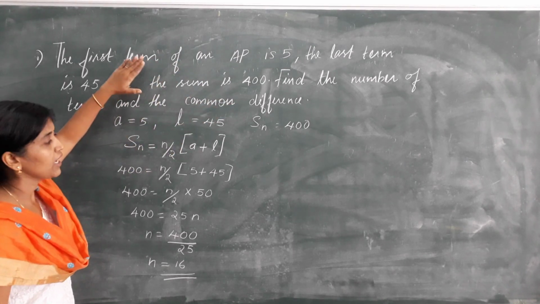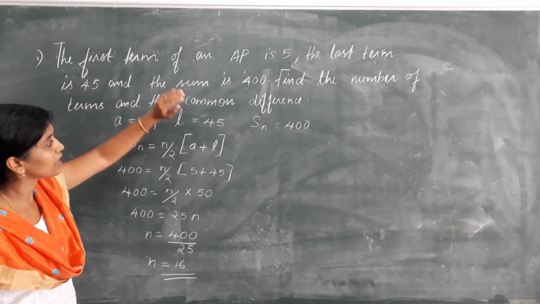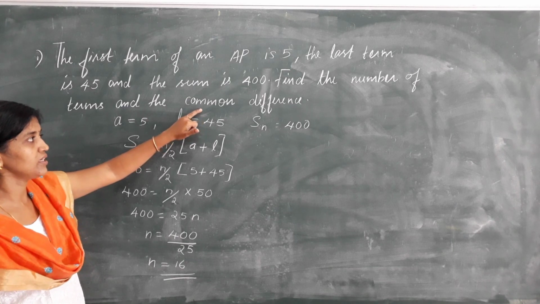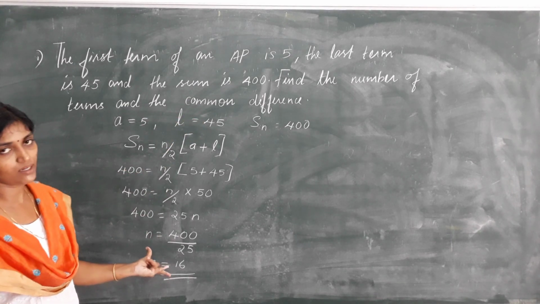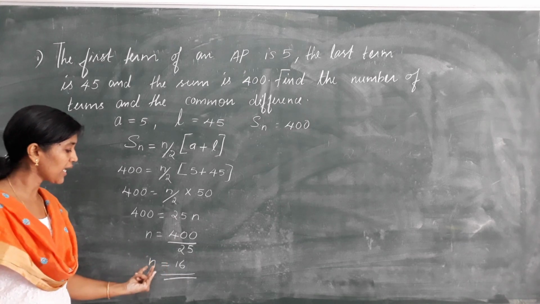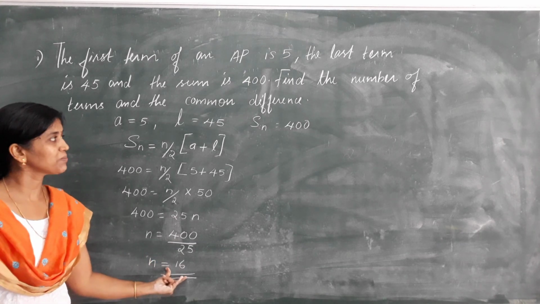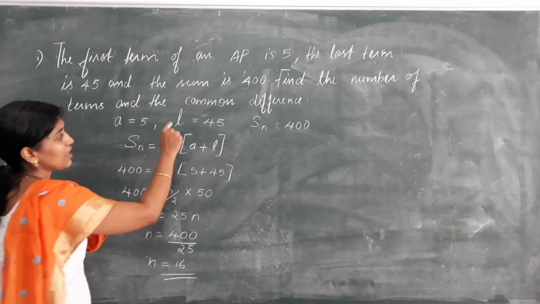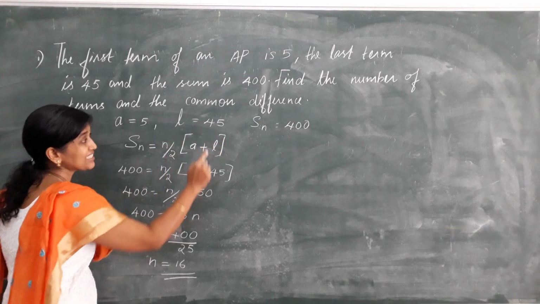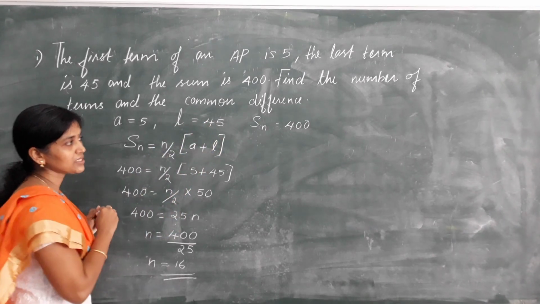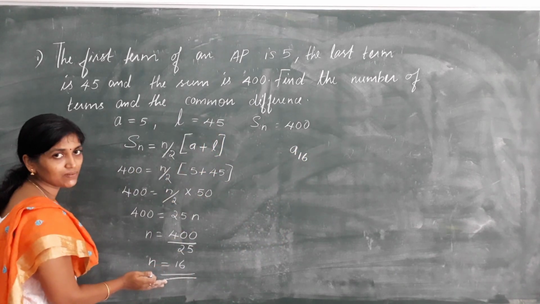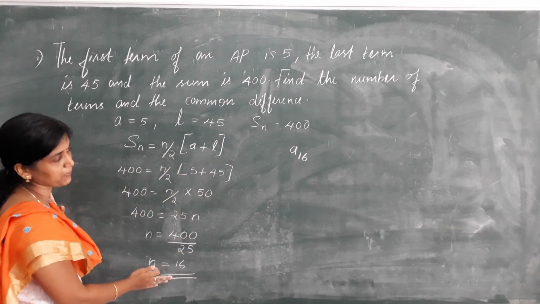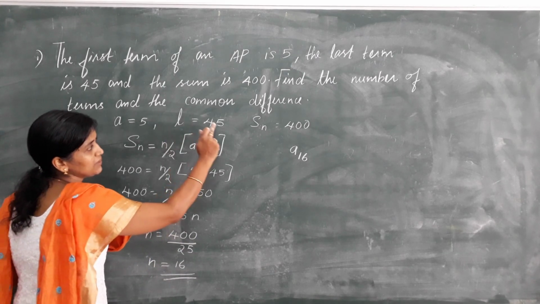Now, we are asked to find the common difference. To find the common difference, we use the idea of the nth term. Here we got n as 16, which means that you can take the last term as the 16th term, which I can write as a16. Only 16 terms are there in this AP, and the last term is 45.